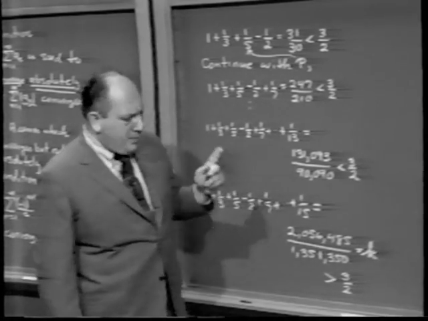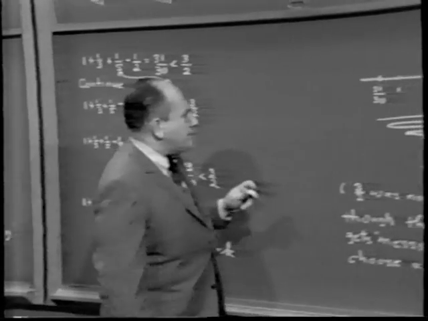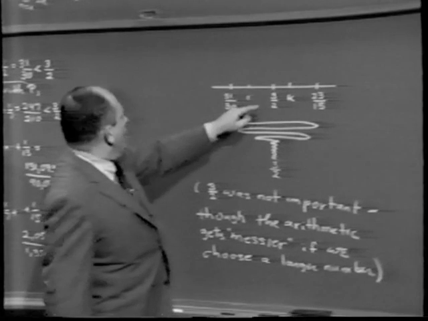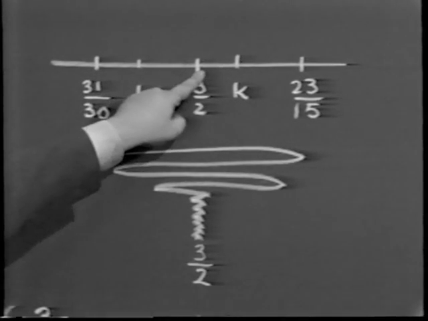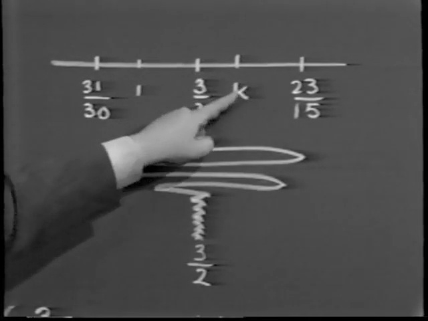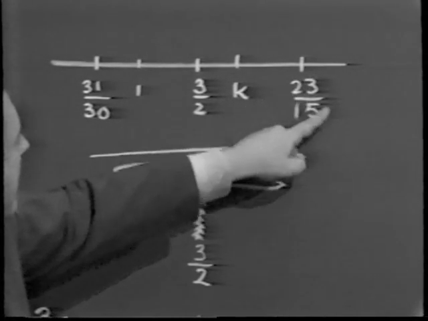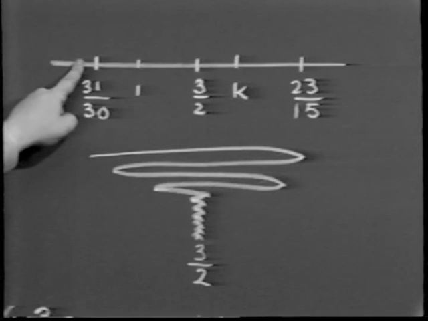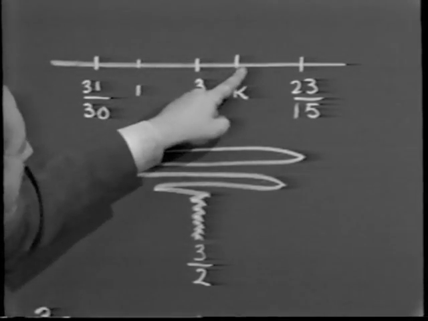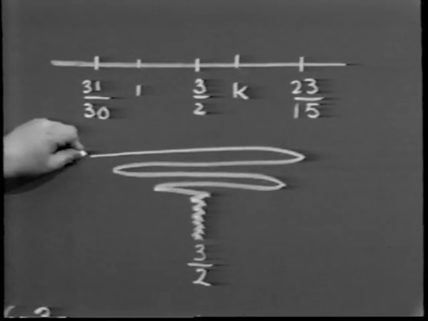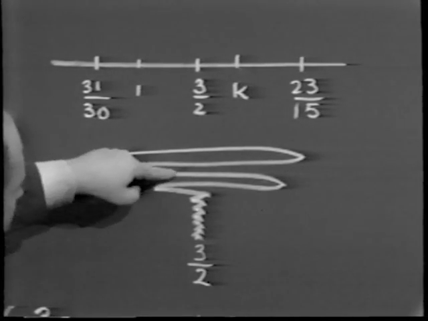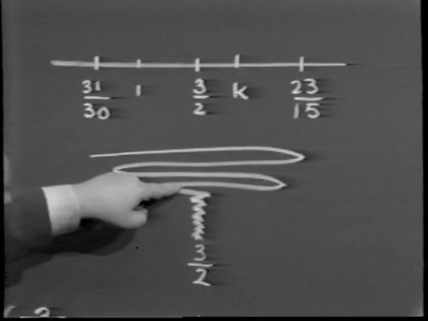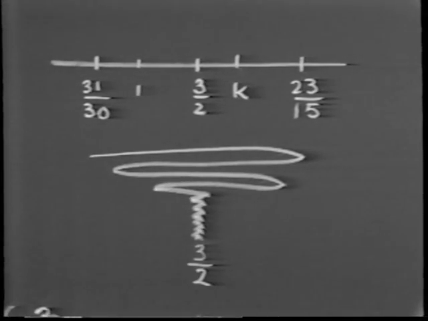And what's happening here pictorially is the following. I added on terms till I exceeded 3/2. That was 23/15. Then I got down below 3/2, then up again above 3/2, and still sparing you the details, notice what's happening. Each time that I pass 3/2, I pass it by less than before because the terms are getting smaller in magnitude.